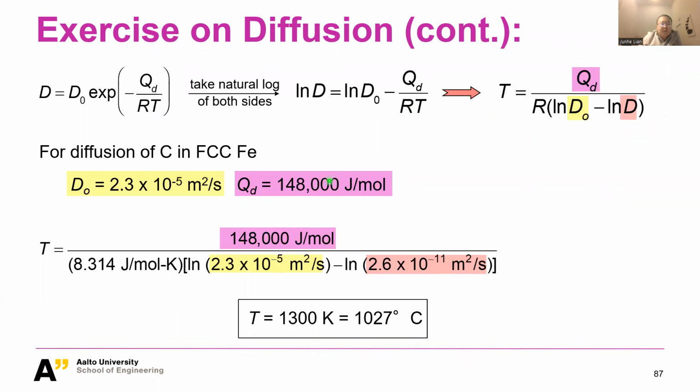Taking these numbers into the equation once again, pay attention to your unit, and then you finally get the temperature. So the temperature with a unit is actually Kelvin, and you can also convert this to degrees C. All right, I think this is a final demonstration of this diffusion equation.